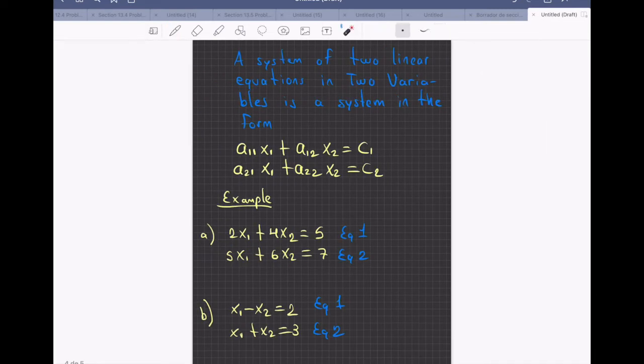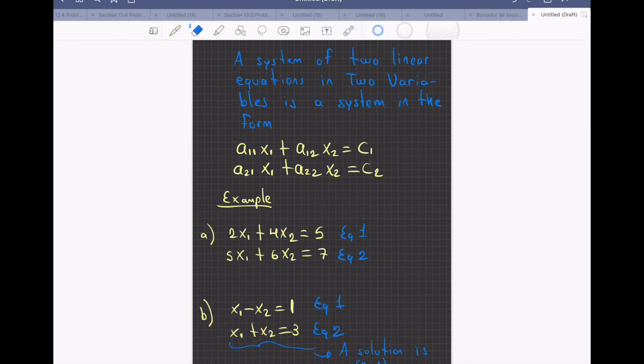For example, for this one, I think you can verify easily. For this system, a solution is 2, 1. Substitute here, 2 minus 1. Oh, it is not right, I'm sorry. Well, I can change this number to 1.